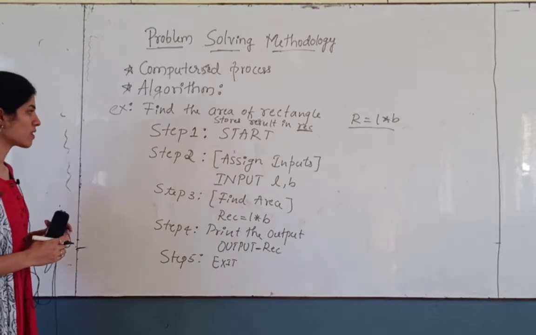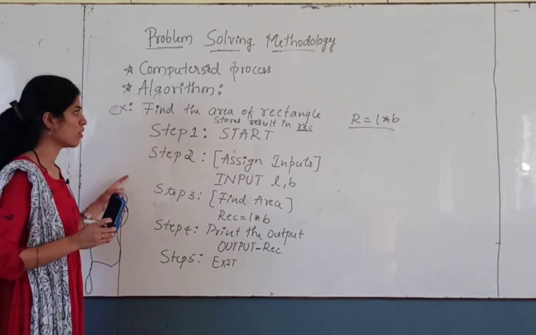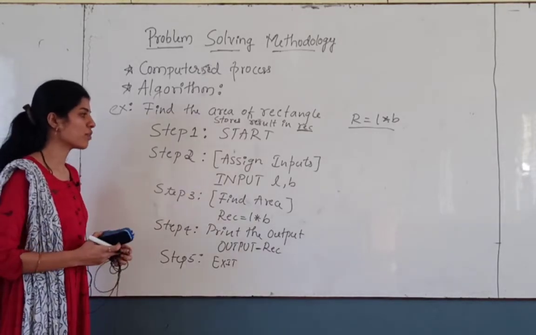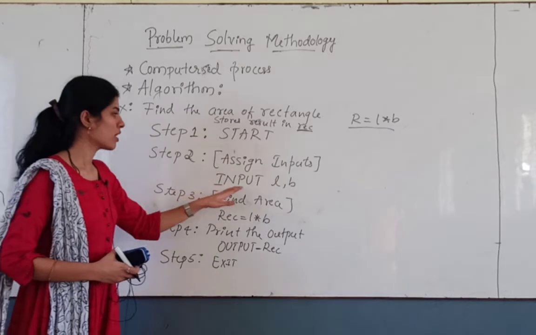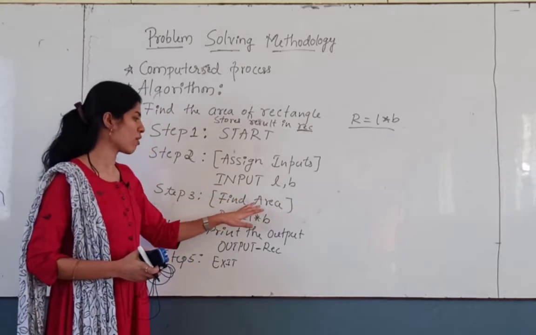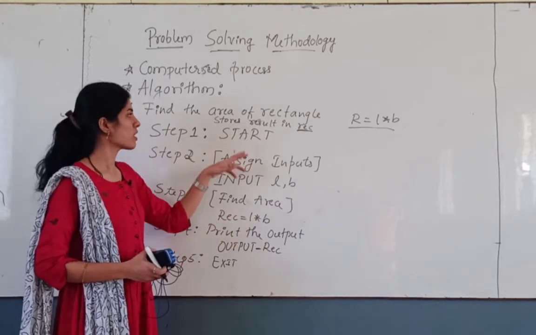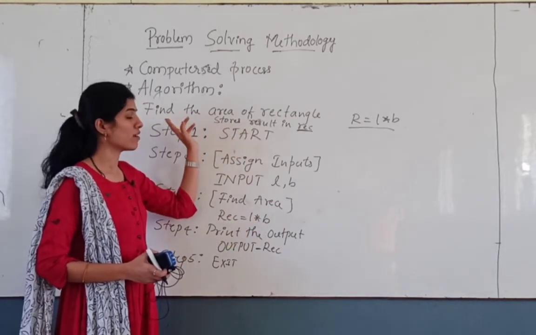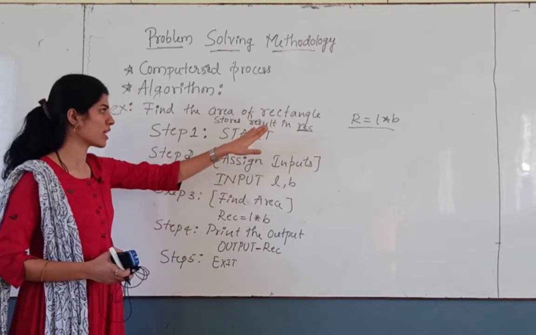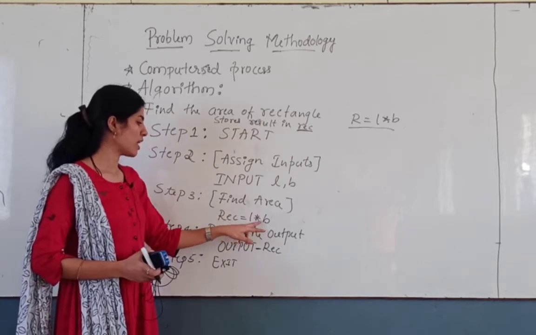Okay, this is a step by step procedure for writing the algorithm. First is to start, next assigning the input variables, that is length and breadth. Next step is to find the area of the rectangle. That is why you take rect, because the question says to store the result in rect; otherwise you take it as r into l into b.